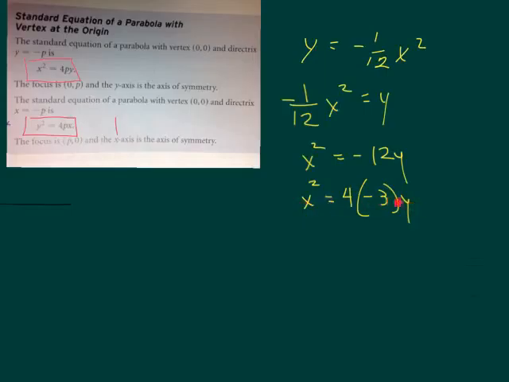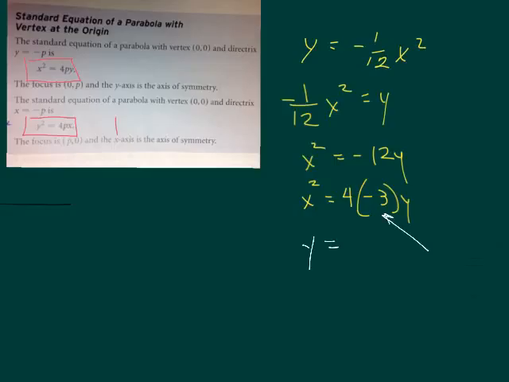So what does this information mean? Well, according to what we have up here, the parabola has a vertex of 0, 0, and the directrix is y equals negative p. What it's asking me to find is the focus and directrix. So my directrix is y equals negative p.